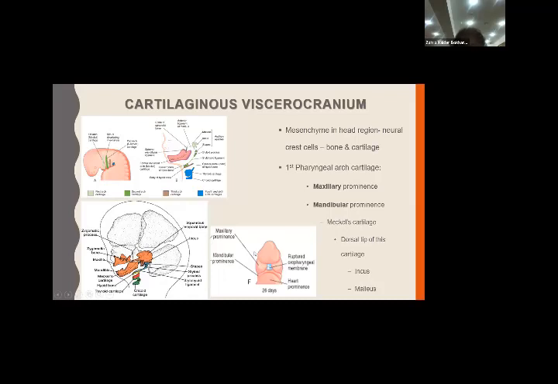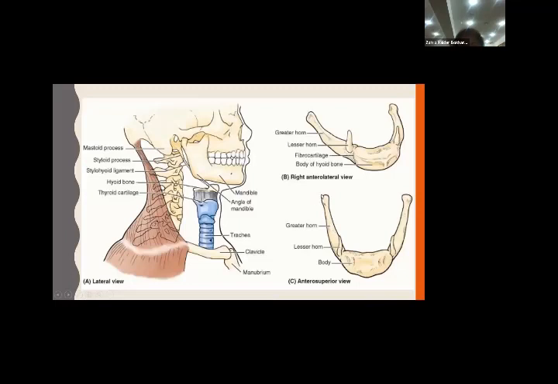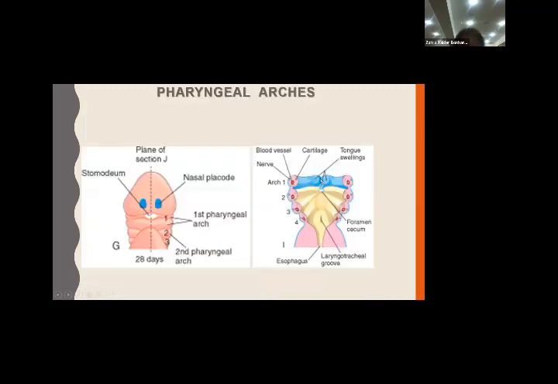अब I told you, let's go back. ये जो pharyngeal arch है, posterior end से शुरू होती हैं ये और anterior end तक surrounding going around the pharynx. They surround the pharynx.